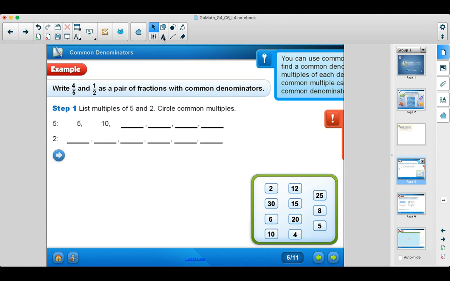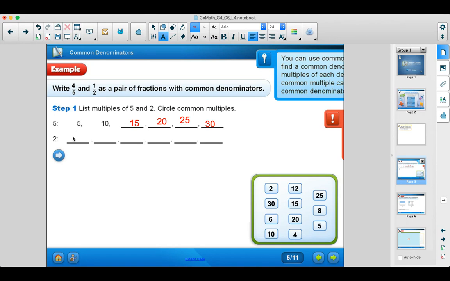Let's begin. 5, 10, 15, 20, 25, 30. Okay, so we're finding the multiples of 5: 5, 10, 15, 20, 25, 30.